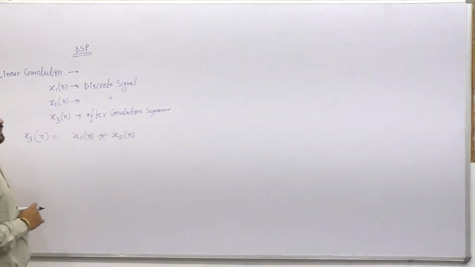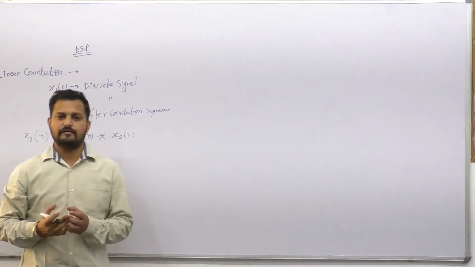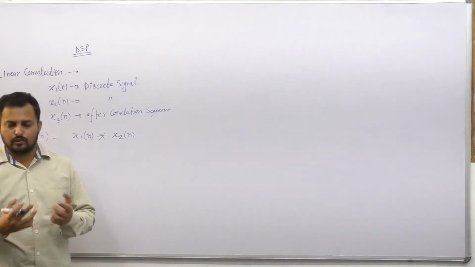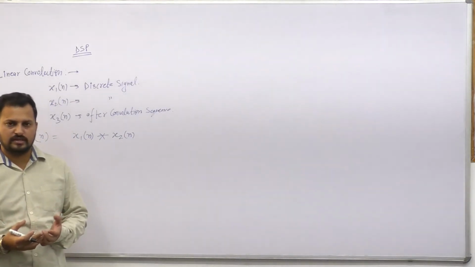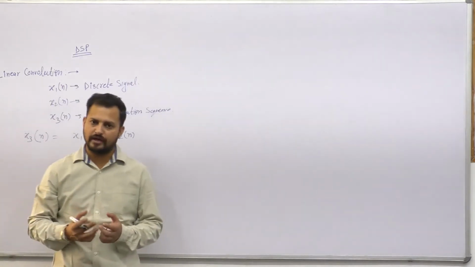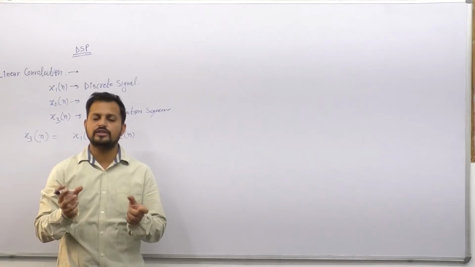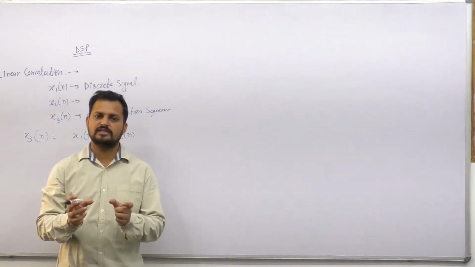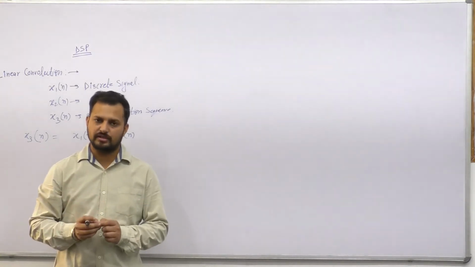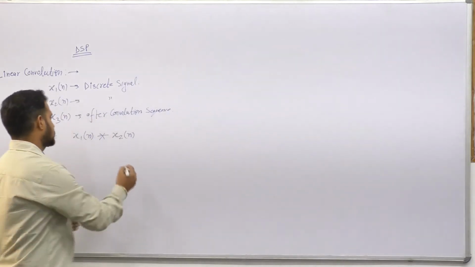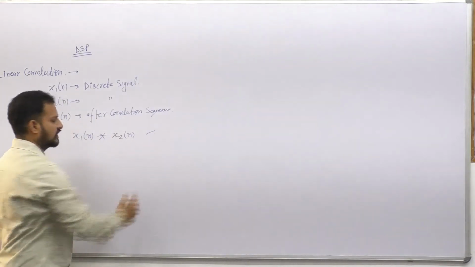In digital signal processing, whenever we work upon discrete sequences, we need to find out, for the convolution, how these two arbitrary signals are related to each other. So this is the representation for the linear convolution.